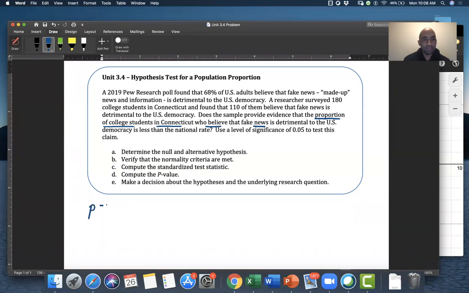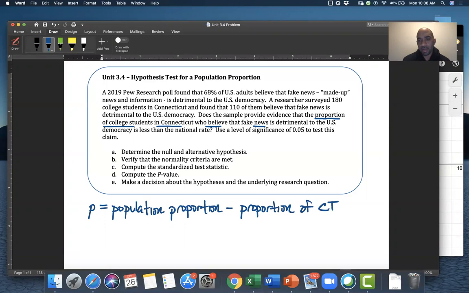So p is going to be the population proportion. Let's write it as the proportion, which is really like saying the percentage. The proportion of Connecticut college students who think fake news is a problem.